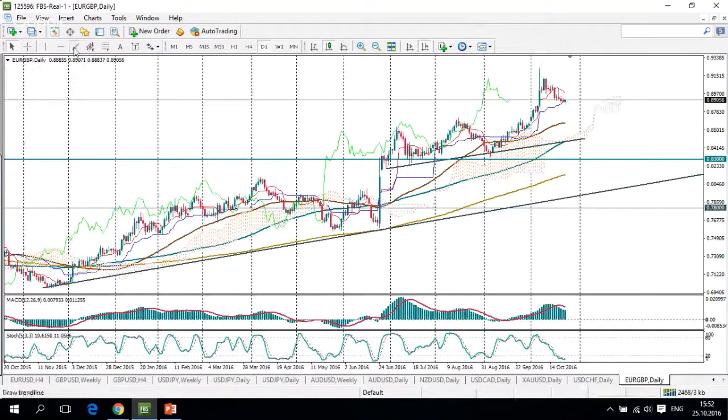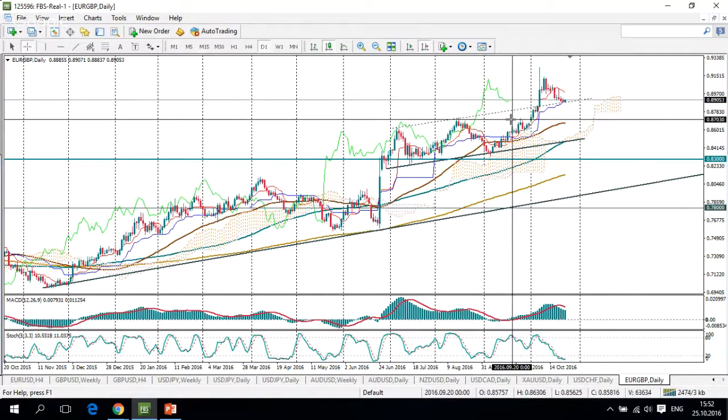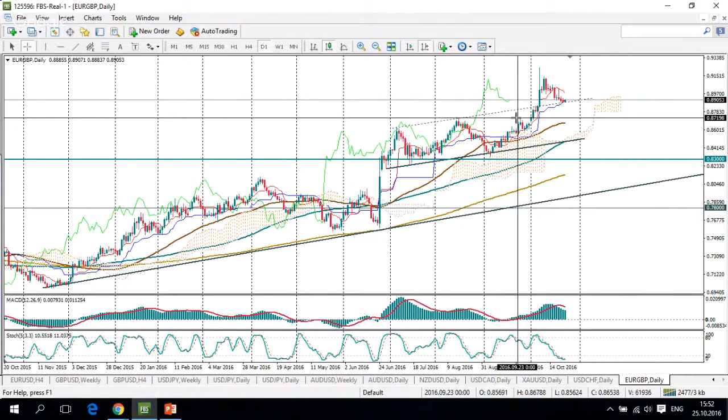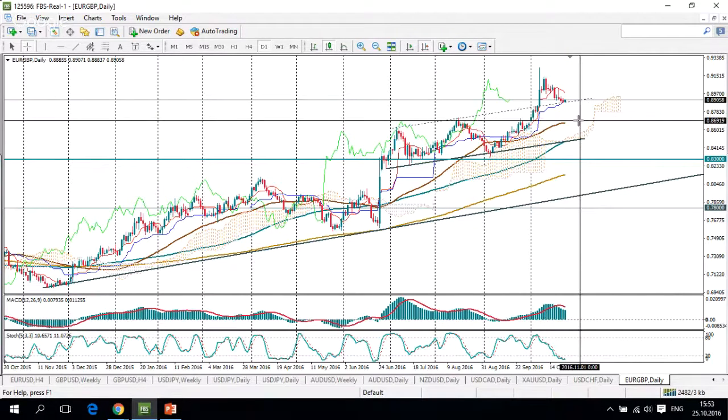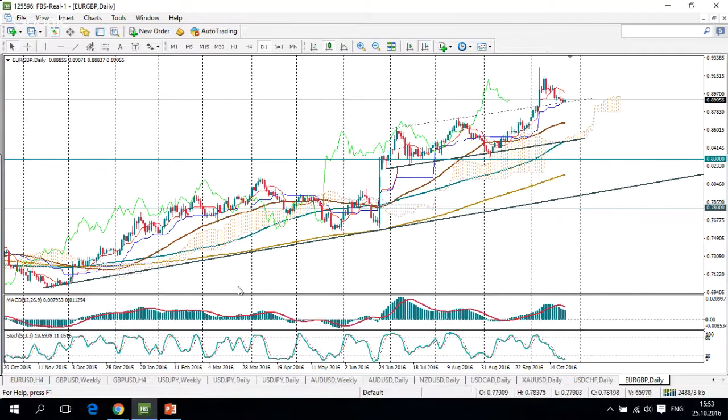As a result, we target levels around 0.8720 for a decline in the euro against the British currency.